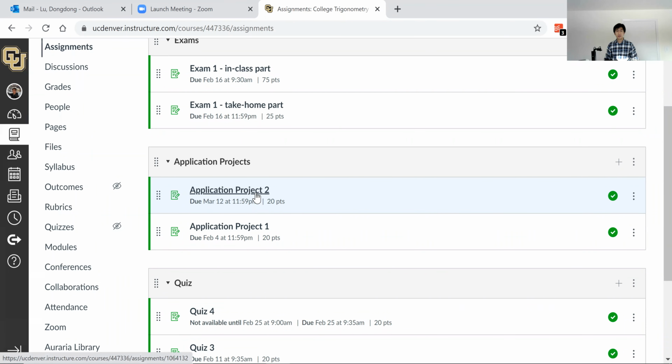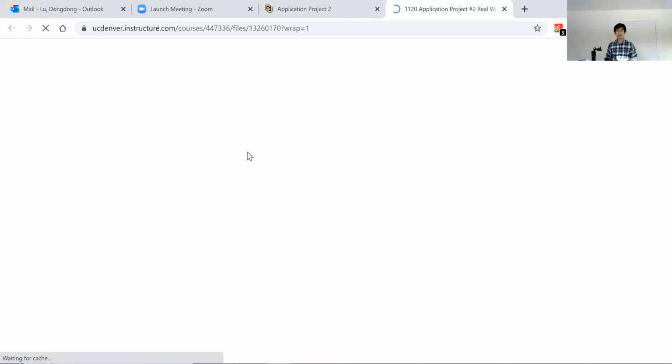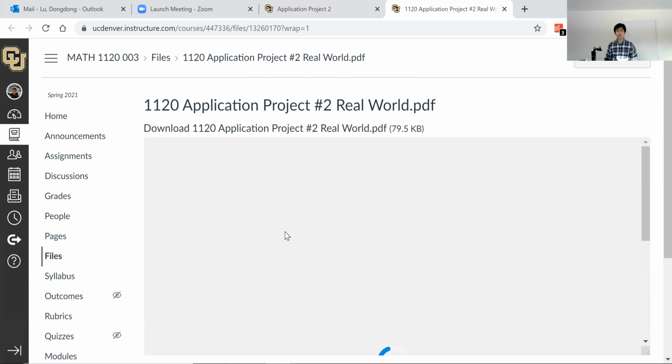If you click on it, you should be able to see the PDF of the second project. I think this project is kind of easier than the first one. As a friendly reminder, don't delay things to the last moment. Please start working as early as possible, okay?